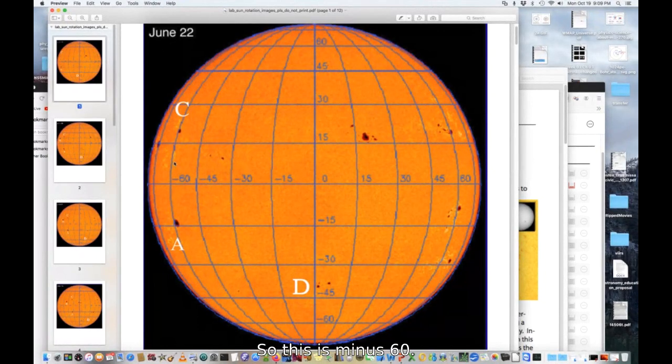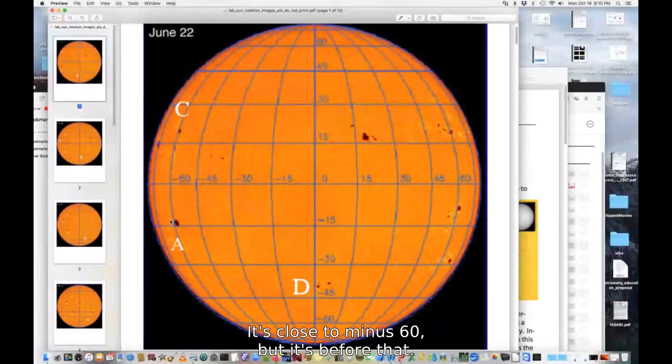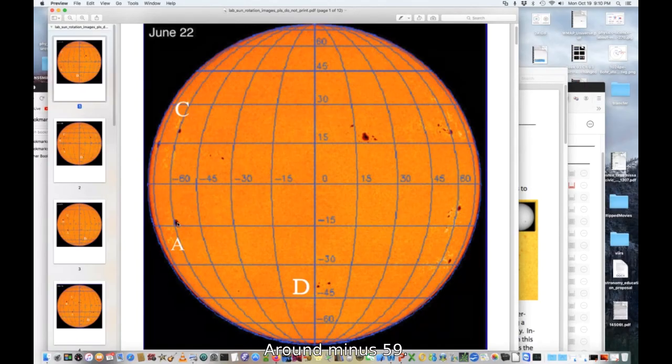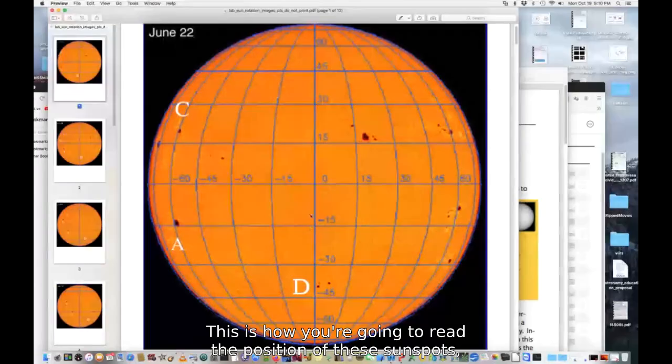This is minus 60. So what is the longitude of A? It's probably around minus 59. It's close to minus 60, but it's before that, so it's not minus 60. Around minus 59, 58. Does that make sense to you? This is how you're going to read the position of these sunspots.